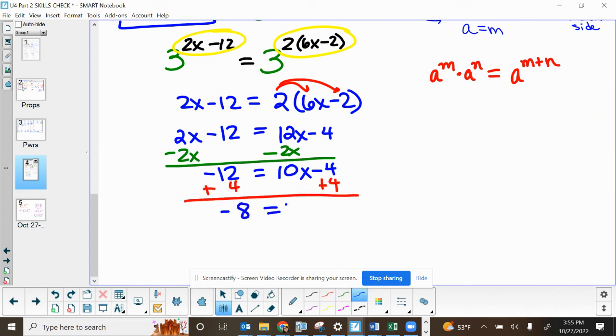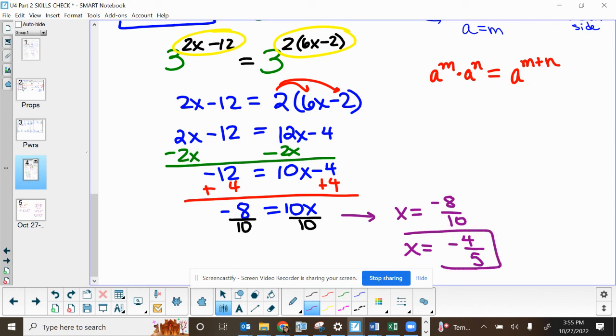So negative 8 equals 10x. And then the last step is to not only divide, but also to simplify. So here I have x equals negative 8 over 10, but I do need to simplify that to negative 4 over 5. So that's my final answer. So I hope this helped.